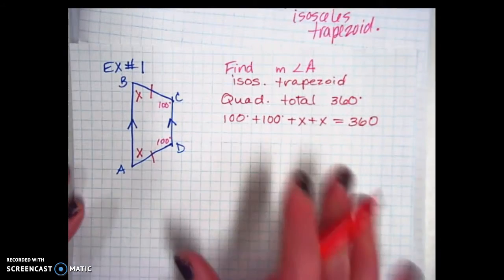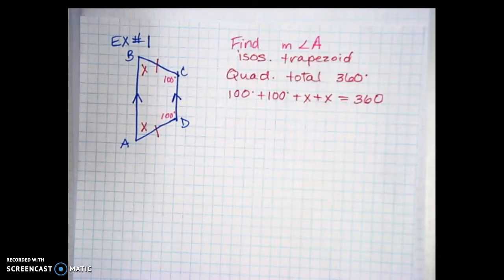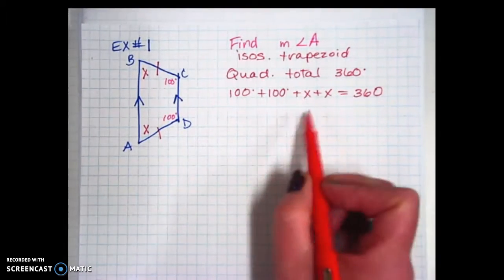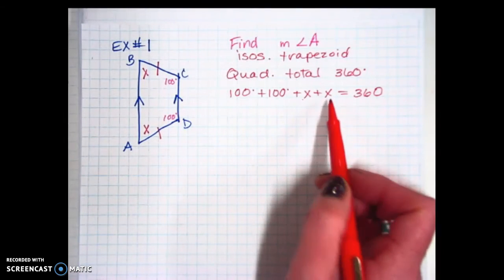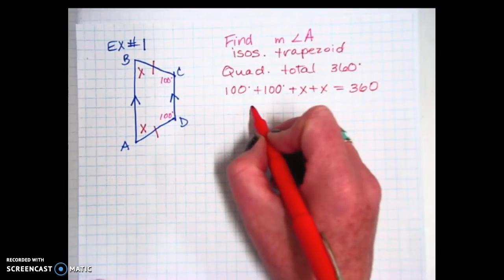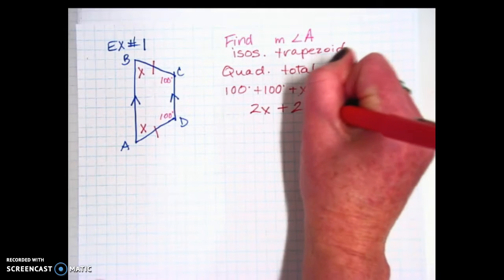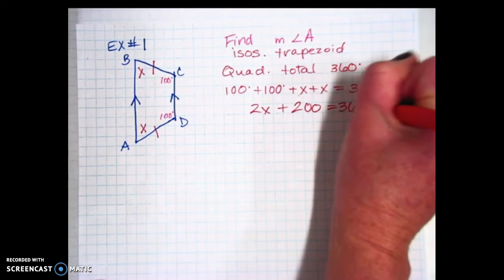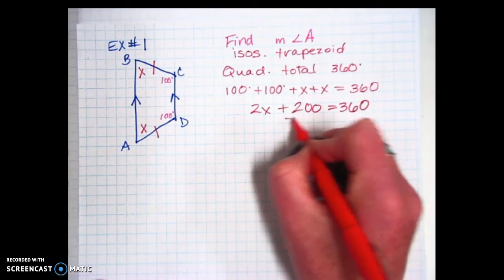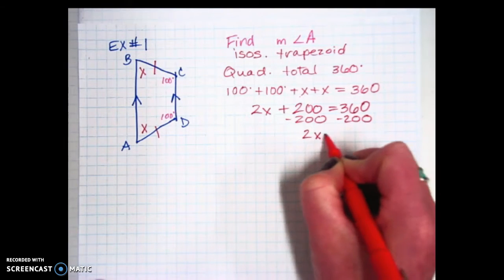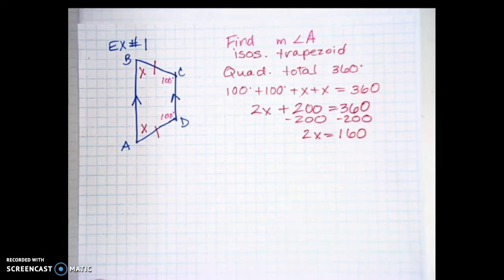All right? So now we've got a pre-algebra problem here, right? We've got some variables. We've got an X and an X. That's how many X's? 2 of them. We've got a 100 and a 100. That's easy. 200. Subtract that 200 from both sides. And we have 2x equals 160.